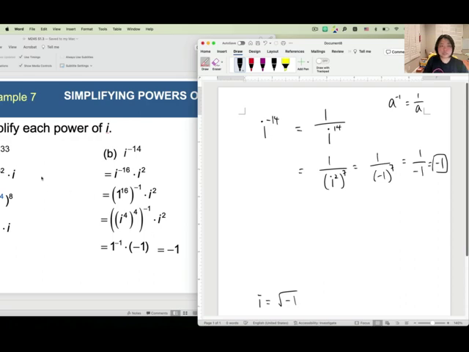Okay, same idea for this one, 33. I usually make it an even number. So take 1 of the i, and then 32, I still use i squared, and this is going to be to the power of 16, times i. Okay, and then i squared is going to be -1, to the 16th, times i.